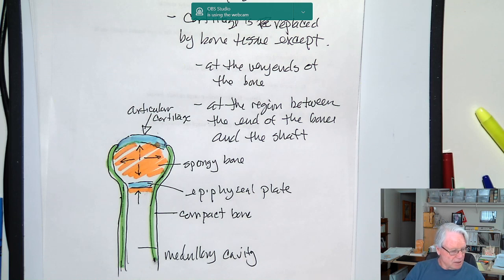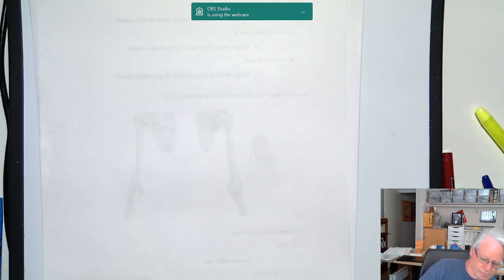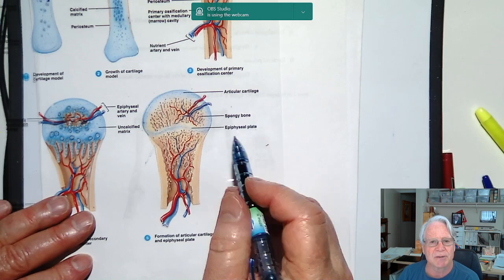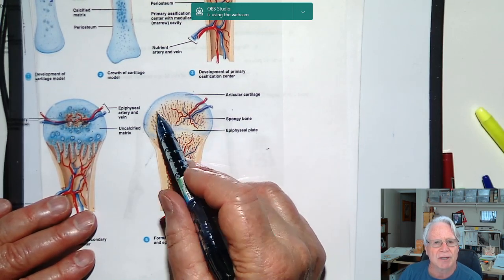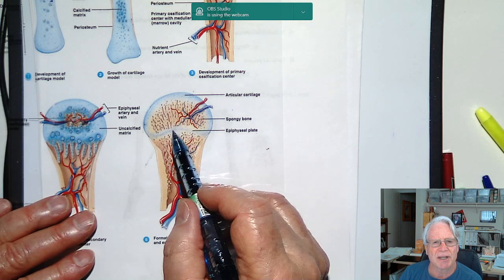And so the final picture that you see in the series from your textbook shows us that completed process, just about anyway. So we're going to leave a very thin layer right here, leave a little thin layer right here. We call that the epiphyseal plate.